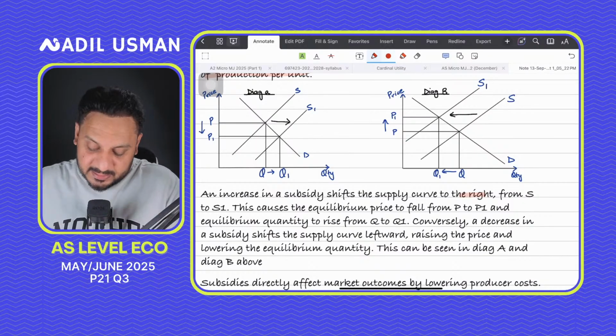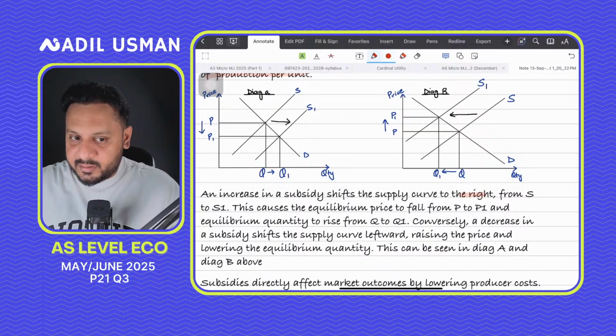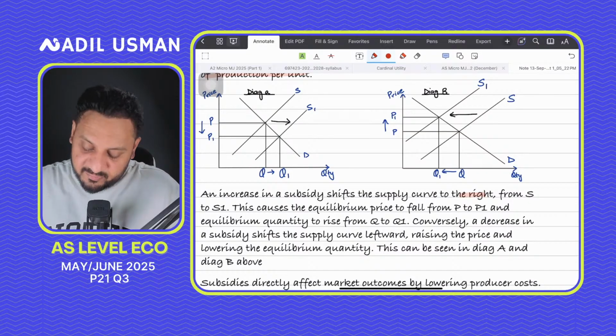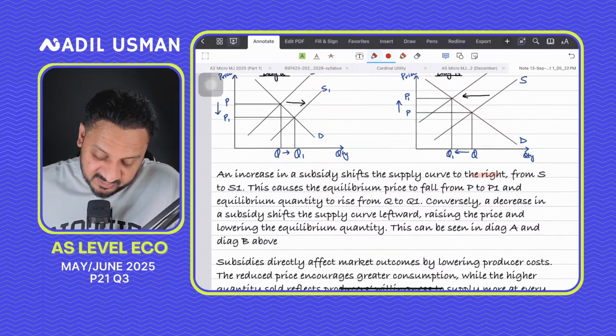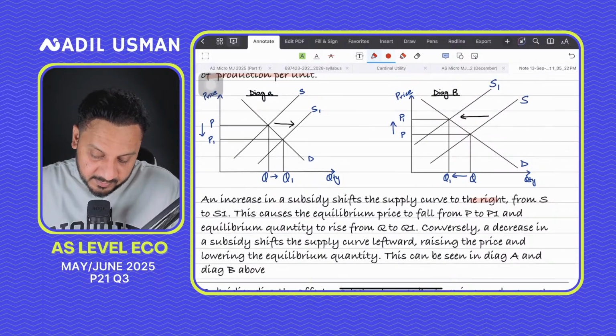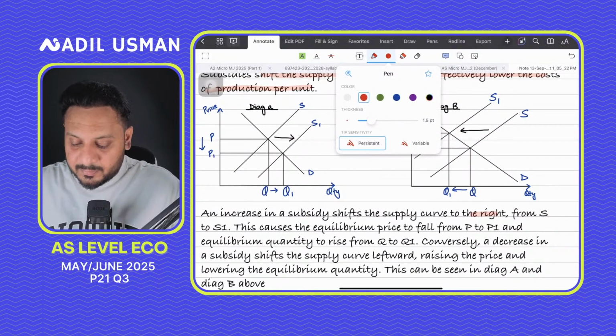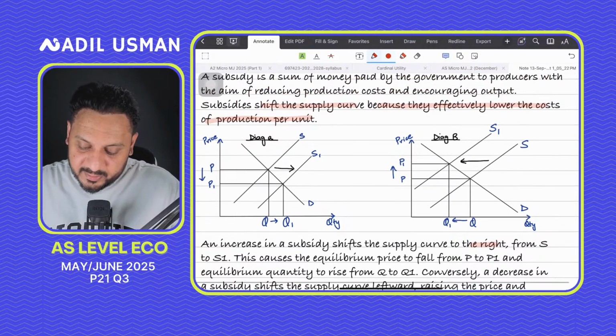You need to explain that. And alternatively, or on the contrary, a decrease in subsidy shifts the supply curve leftward, raising the price and lowering the equilibrium quantity. This can be seen in diagrams A and B above. That's how you get 3 marks up till now.